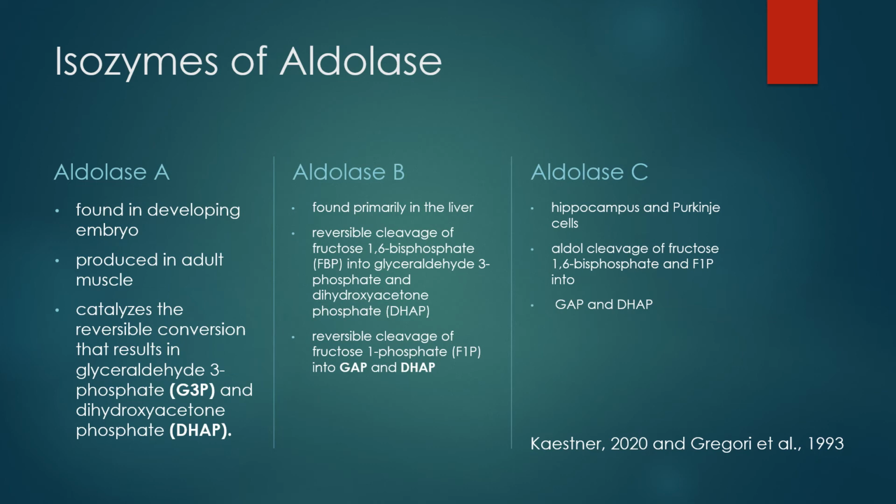Now, there are 3 isozymes of aldolase, A, B, and C, which have been discovered so far, and they're found in the cytoplasm and in the nucleus of cells. There are also 2 amino acids involved with aldolase: lysine and tyrosine. Lysine is going to covalently bind and stabilize the molecule, and then tyrosine is going to be the hydrogen acceptor.